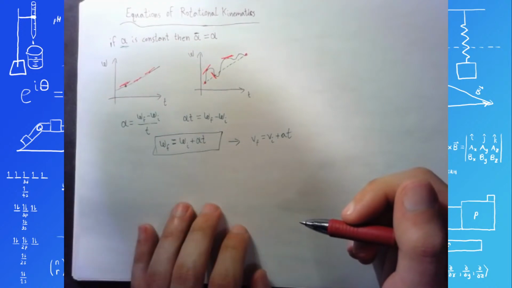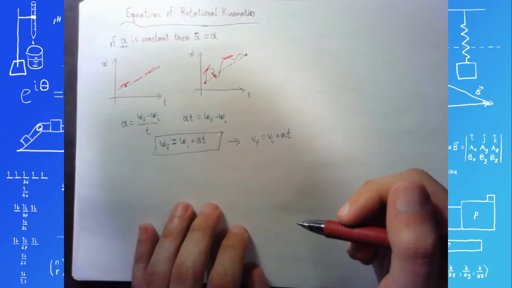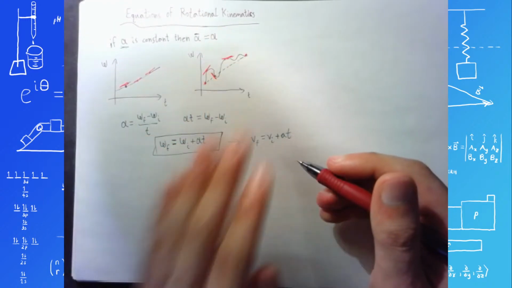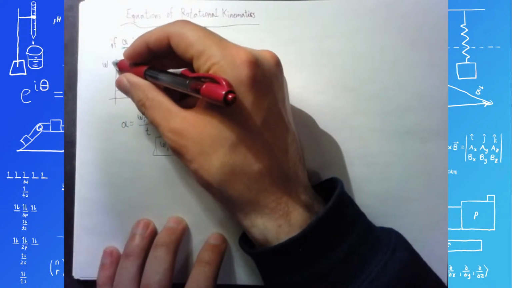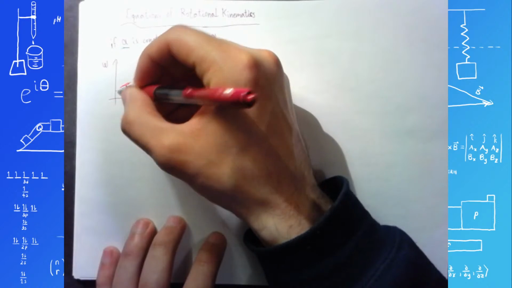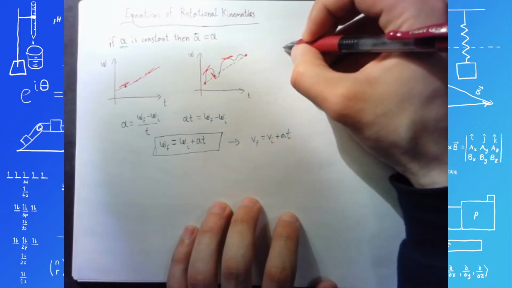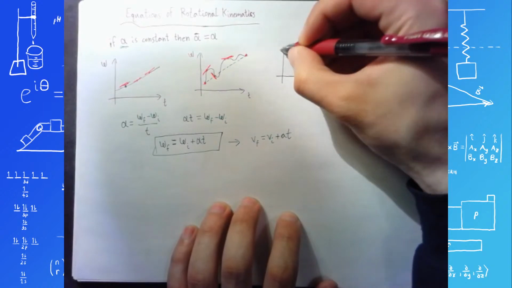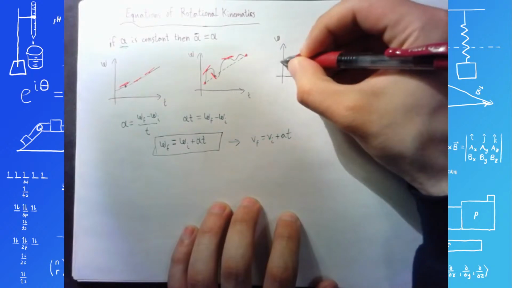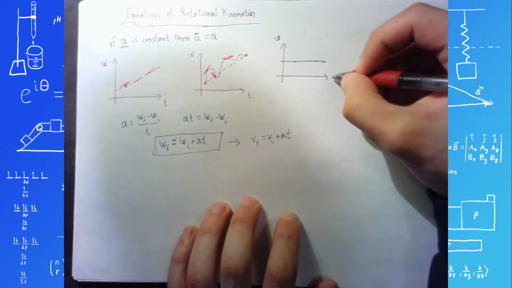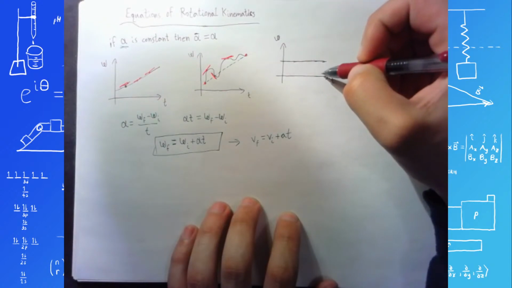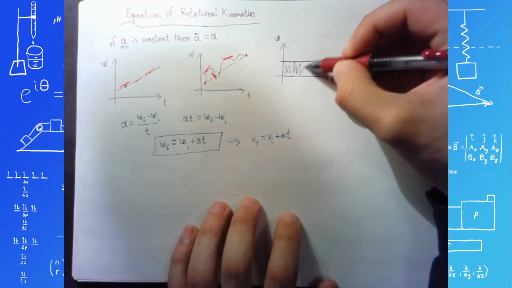But that's our first equation of rotational kinematics, and I'm not going to go through the entire proof for the other two. You can just follow the same steps I did with regular kinematics. You can say the area under the curve of an angular velocity versus time graph is going to be angular displacement, and you can argue for that by saying, well, if the angular velocity was constant, then you could just multiply that angular velocity by time to get the angle through which the object rotated.